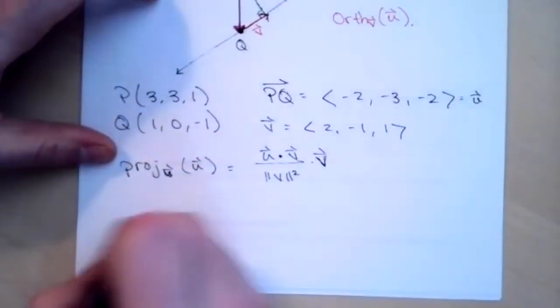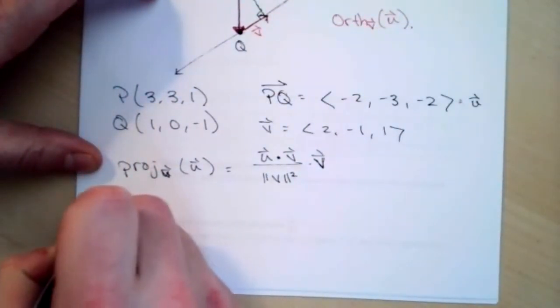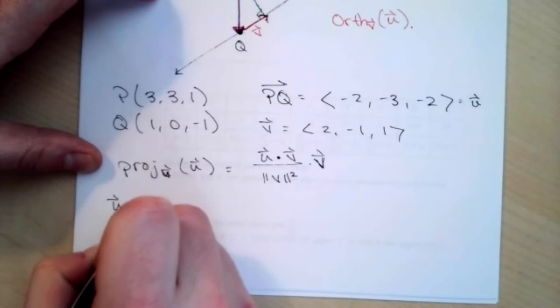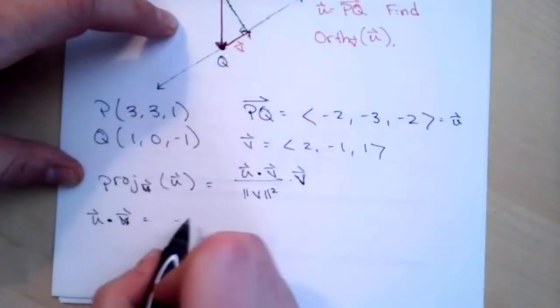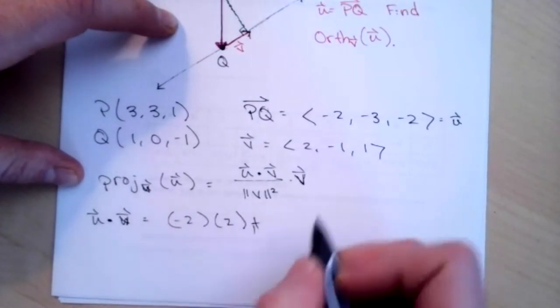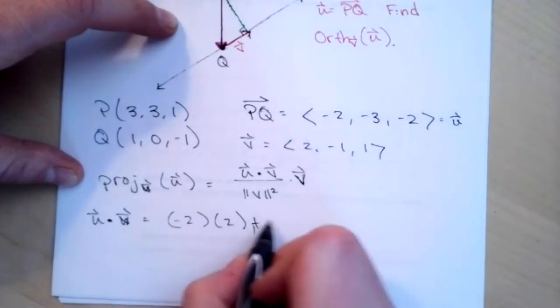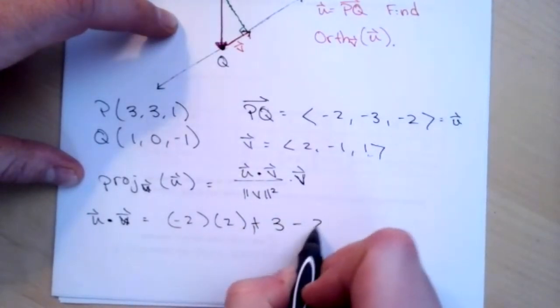Let's go ahead and find the components of this formula. So our U dot V is going to be -2 times 2, plus -3 times -1, which gives us 3, plus -2 times 1, which gives us -2.